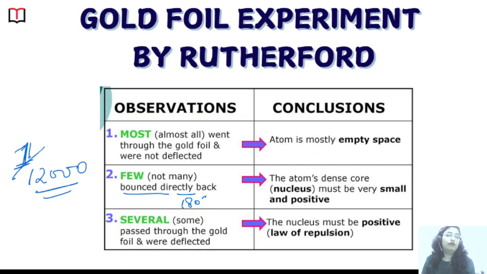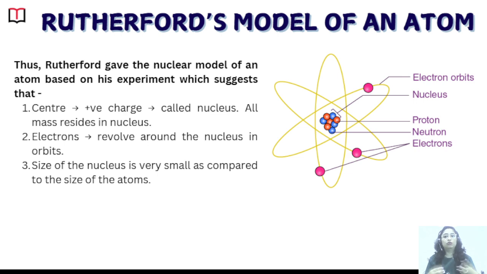After this gold foil experiment, he proposed his own atomic model. He said how the atom would look, and it is completely different from J.J. Thomson's atomic model. He said that positive charge is only present at the center.